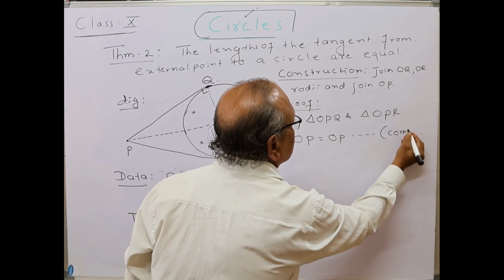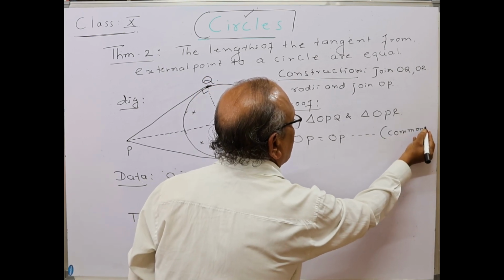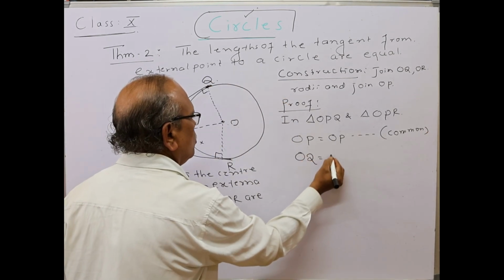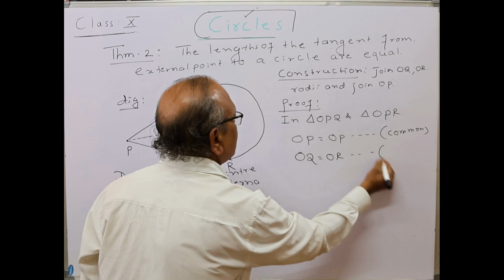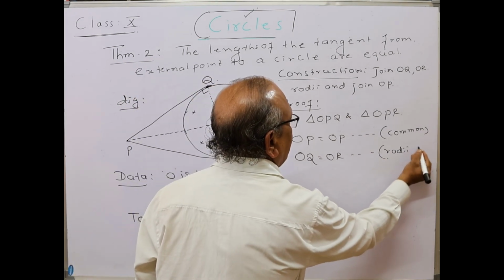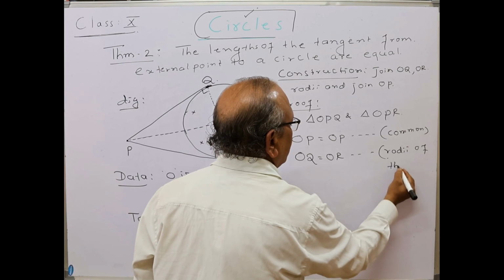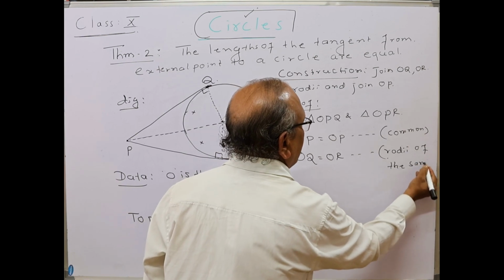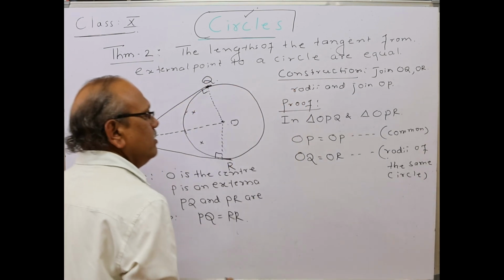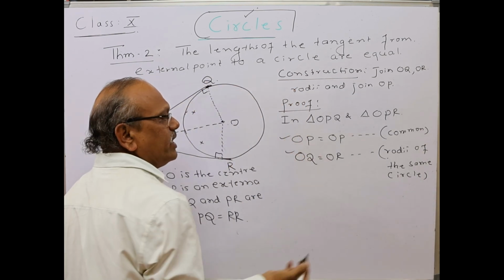Reason is common. And OQ is equal to OR. What is the reason? Reason is radii of the same circle. These two conditions are sufficient according to RHS.